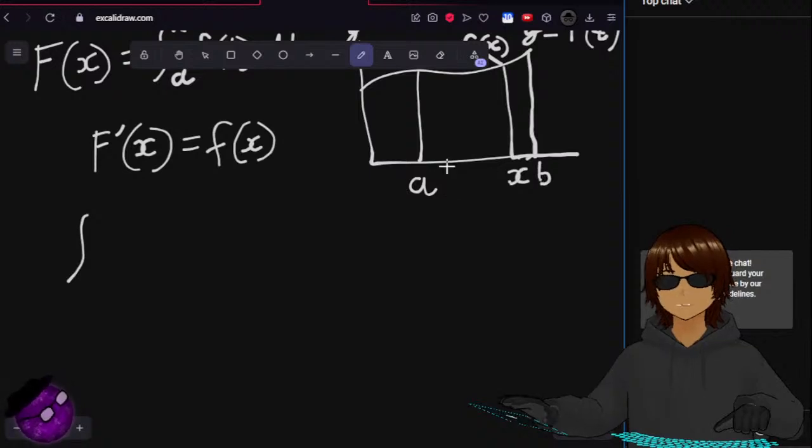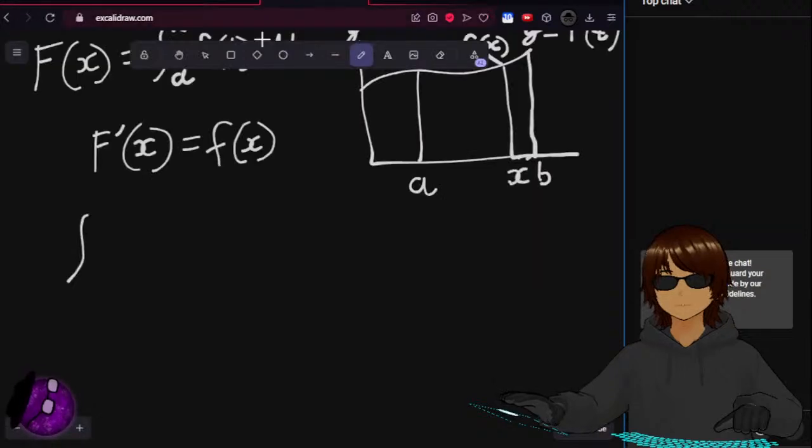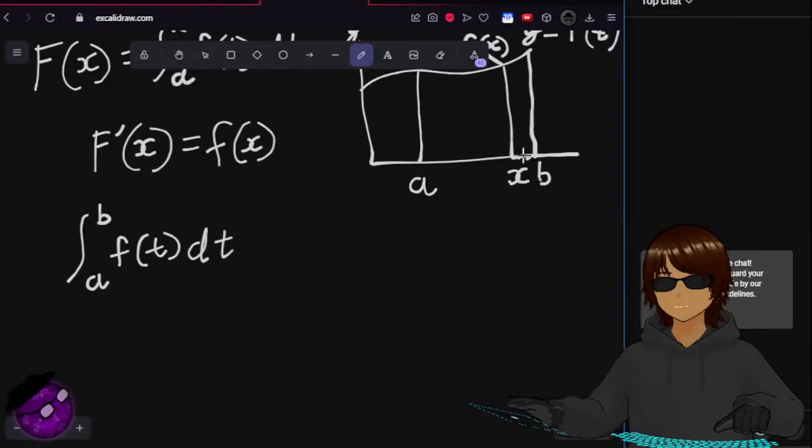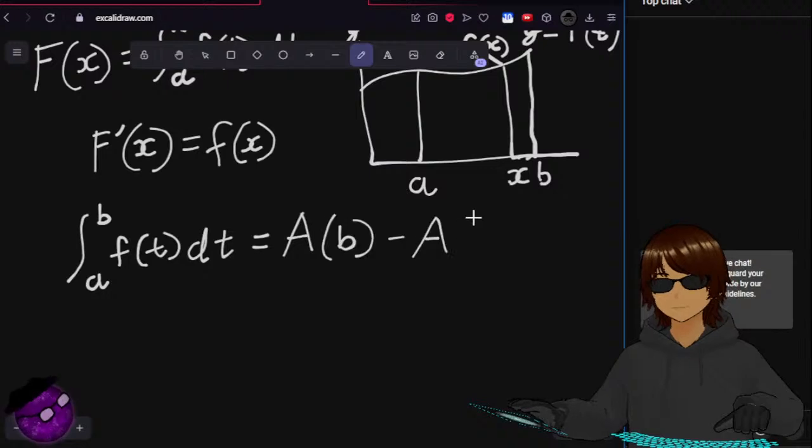The x is defined between a to b, the area of this between a to b is the antiderivative. Let's say capital F is the antiderivative of f. Antiderivative at b minus antiderivative at a. This is the second fundamental theorem of calculus.